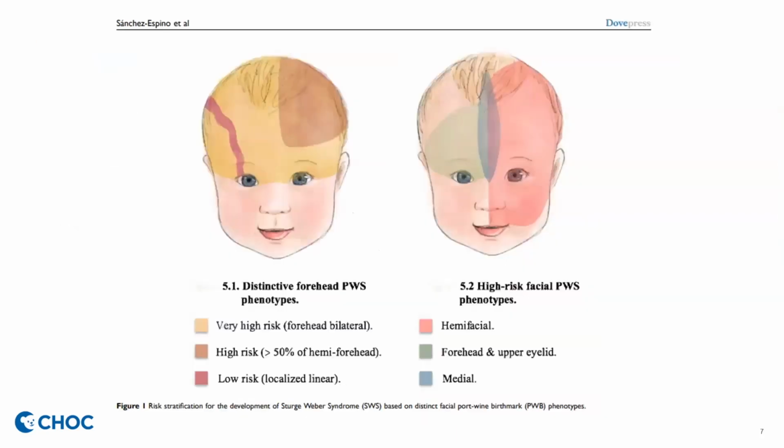I have another picture here, a drawing that shows different high risk versus low risk of brain involvement with patients with Sturge-Weber. So bilateral forehead or bilateral face, very high risk, hemi face, midline, and forehead, highest risk for pediatric neurologists to get excited.